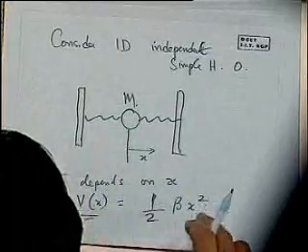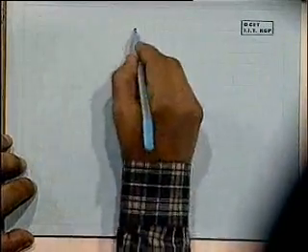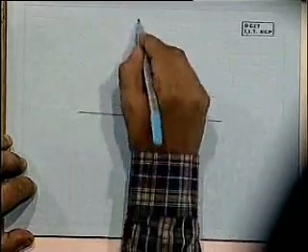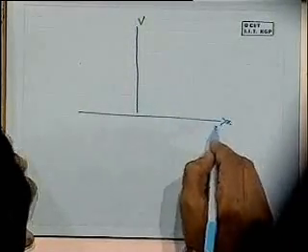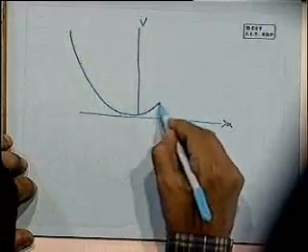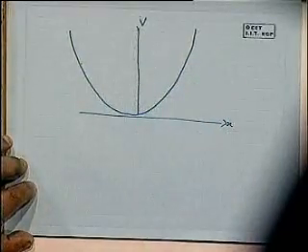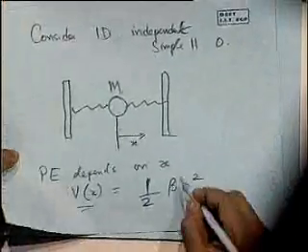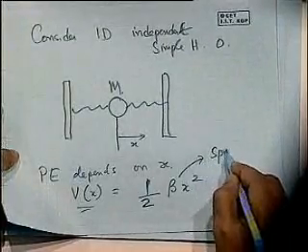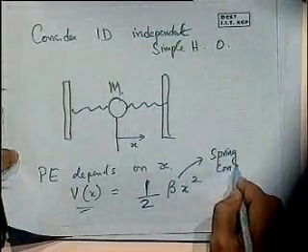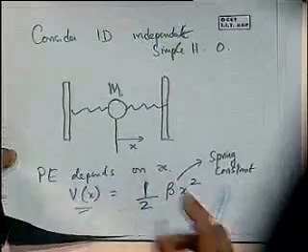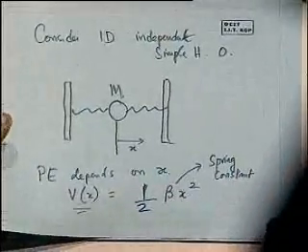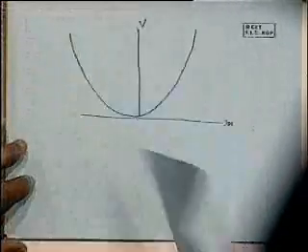That is, V has a parabolic shape, which we can sketch. So I'm plotting V as a function of x. That's simply the plot of the previous equation. Beta, incidentally, is the spring constant, which is a measure of the bond strength between the atoms.